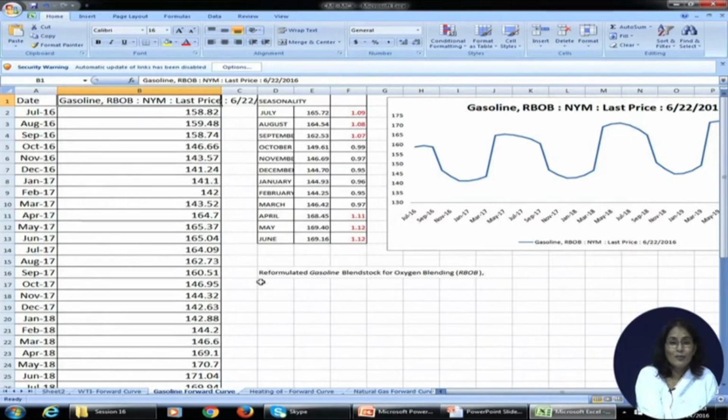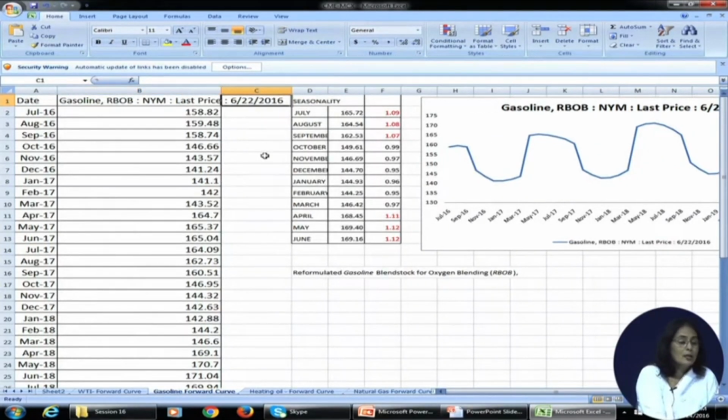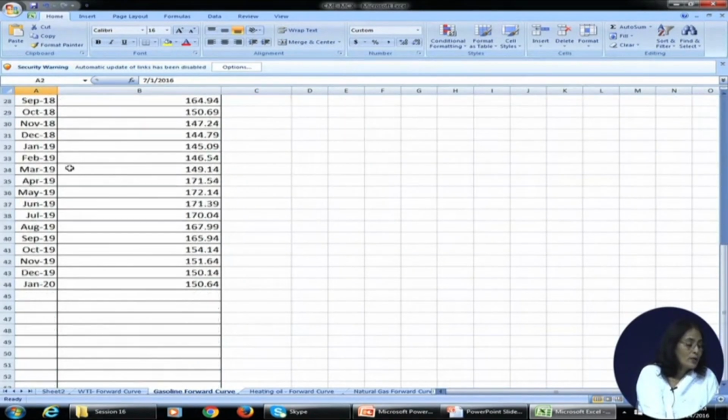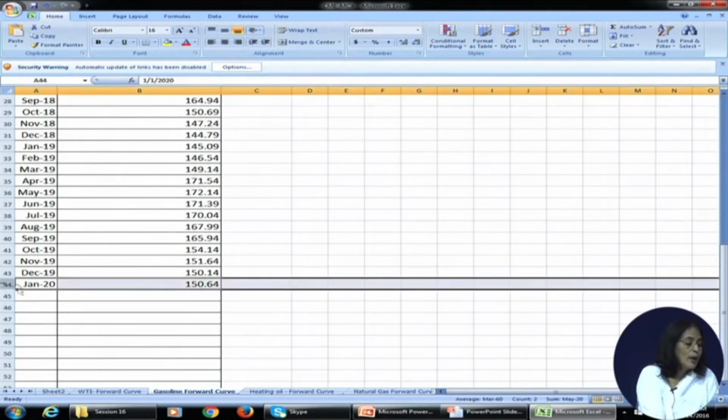Let me ask the same question: what is the full form of RBOB here? Now let's focus on what futures contracts are available on 6th June 2016. This is the date on which I downloaded. The July contract is available, and it has gone up to a maximum duration of January 2020.